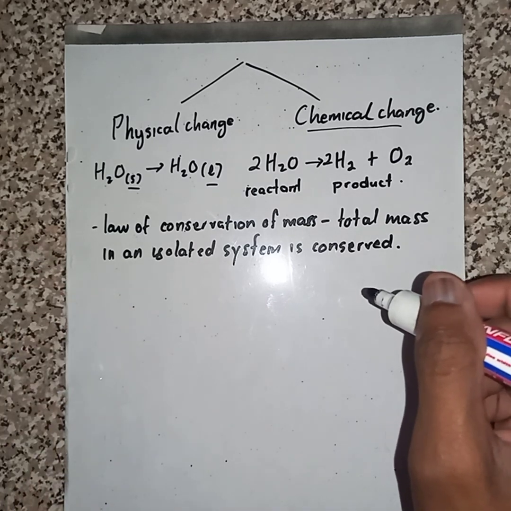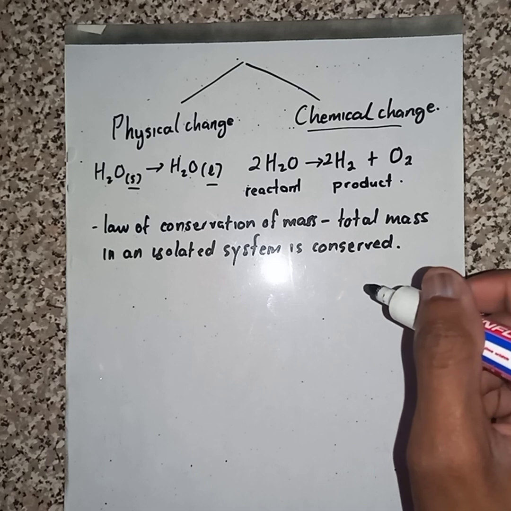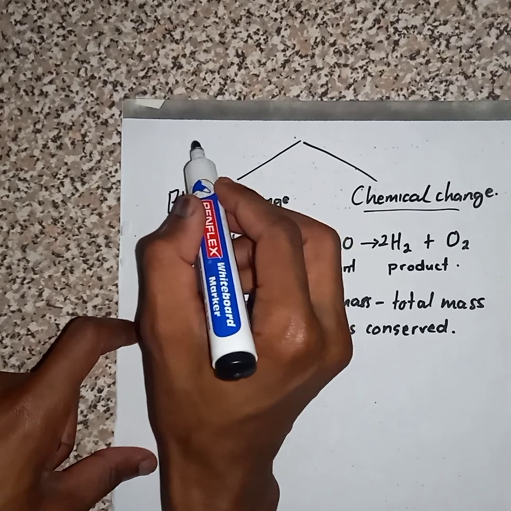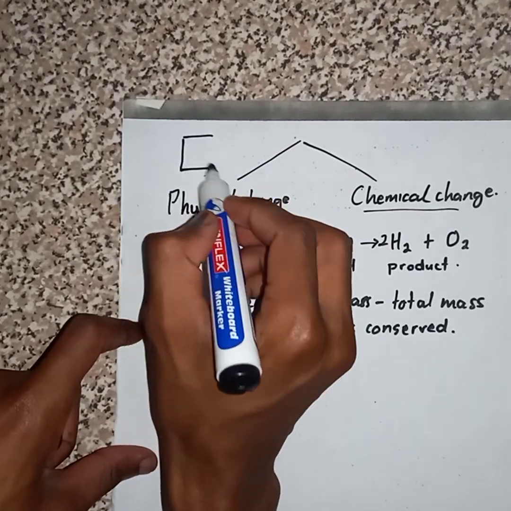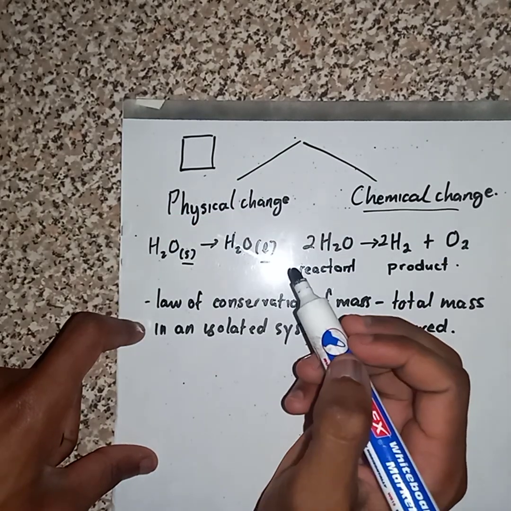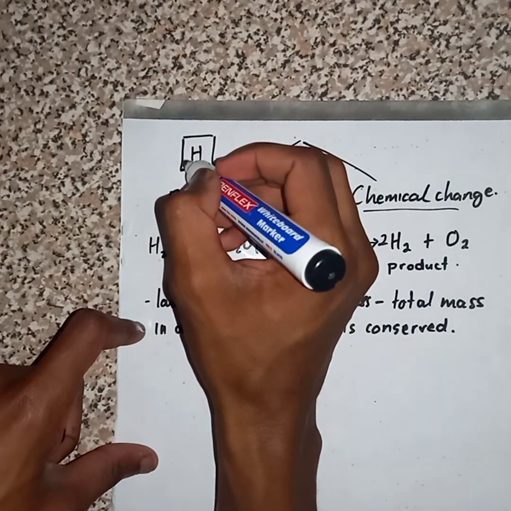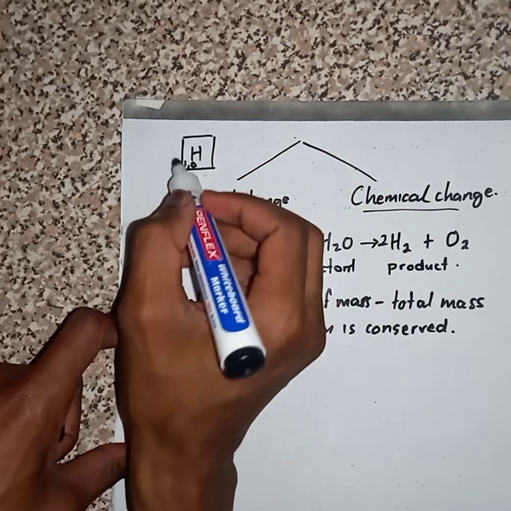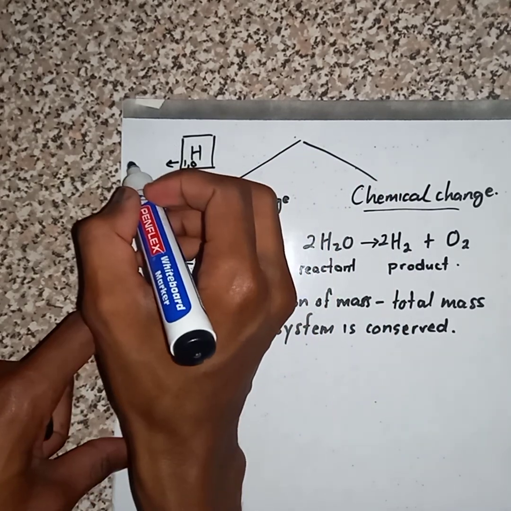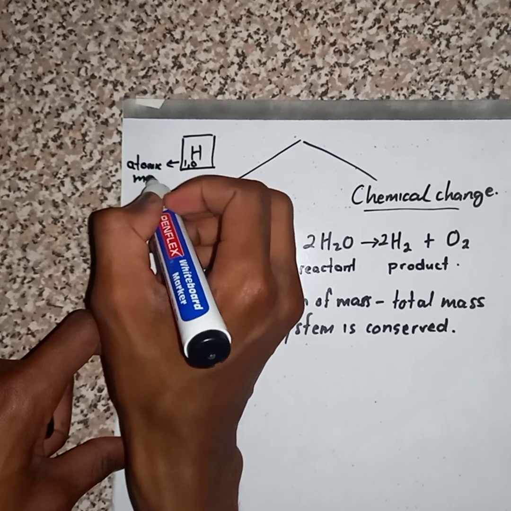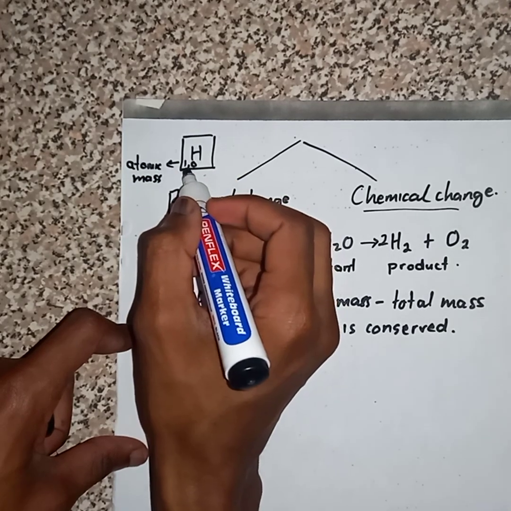From our periodic table, if you go to a periodic table, you are going to see elements. You see their symbols, which is hydrogen, and we have a number here, which is the atomic mass. For hydrogen it is 1.